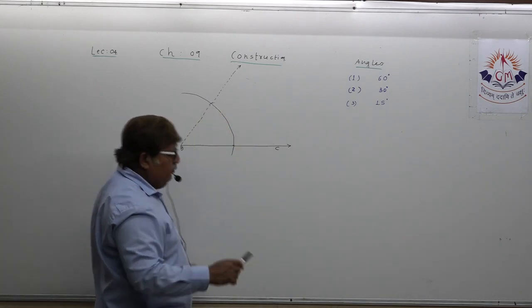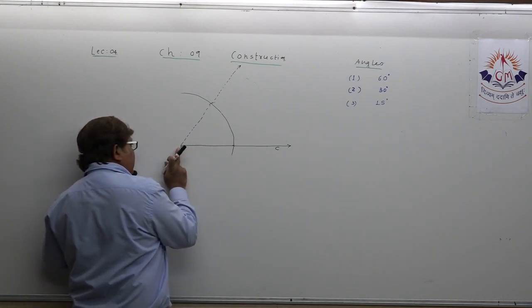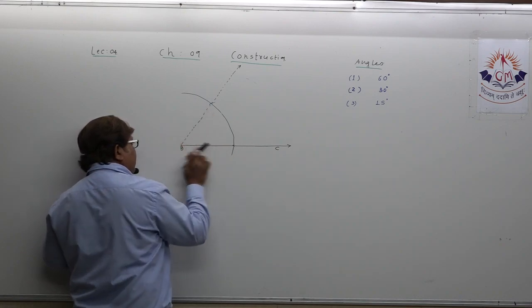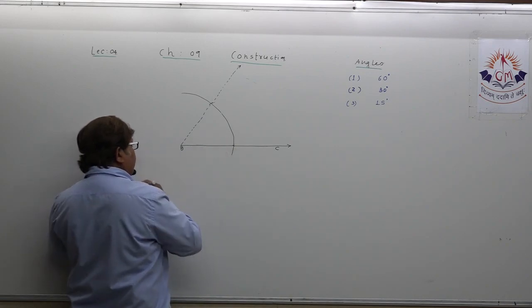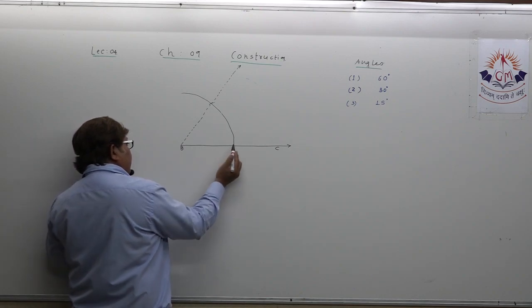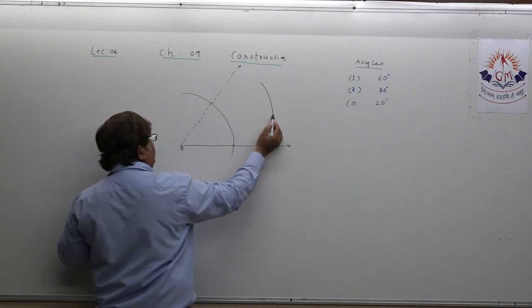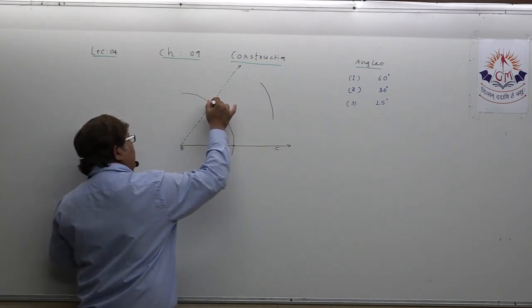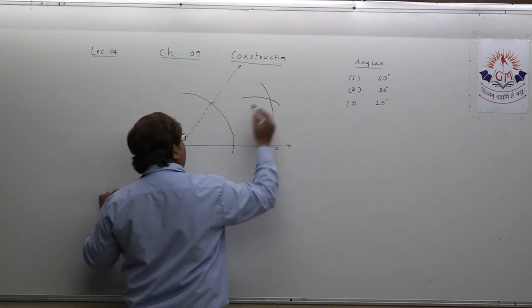These two arcs, from where you have to draw the arc? Radius needs to be this only. Do not change the radius whatever is taken in the initial phase. Same radius, center your compass here and draw an arc. Same radius, center your compass here and draw an arc of circle.